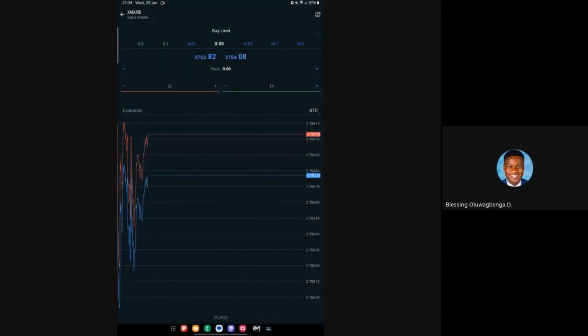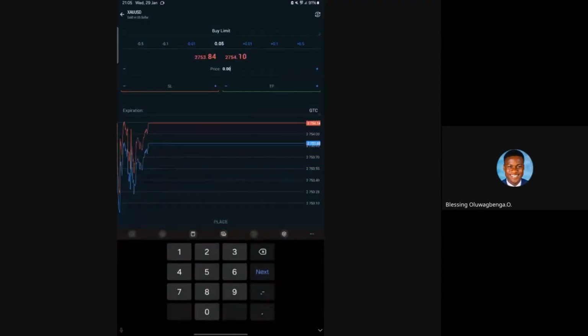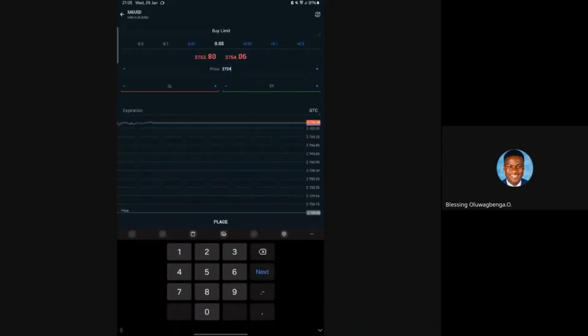Okay, so you will now input your entry that you used to calculate, 2724.688. Then your SL according to your analysis, 2715.586, and then your TP, 2770.2.